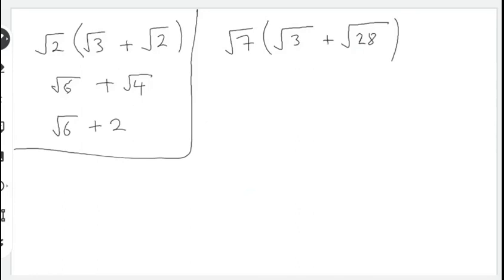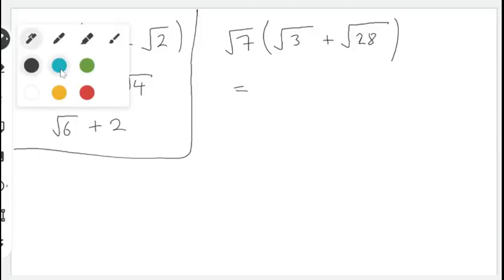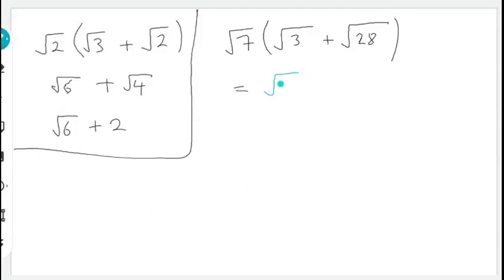Would it be root 21 add root 196? Okay. And then this, believe it or not, can actually be simplified. The 196 has a square root.